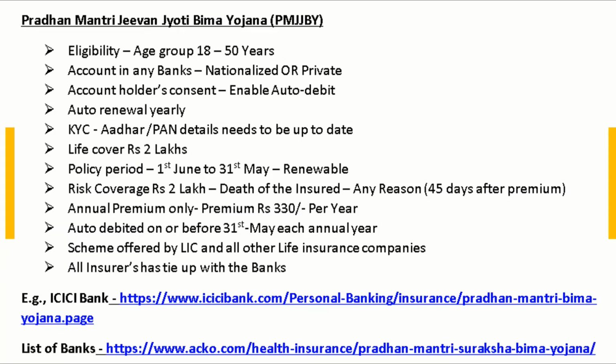So any reason the insured has met with accident or any reason, so illness or any reason, they get a benefit of 2 lakhs after death. And the policy benefits can be received only after 45 days after the activation of the policy.